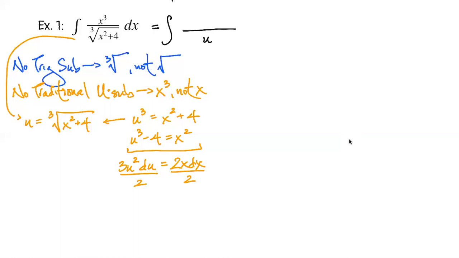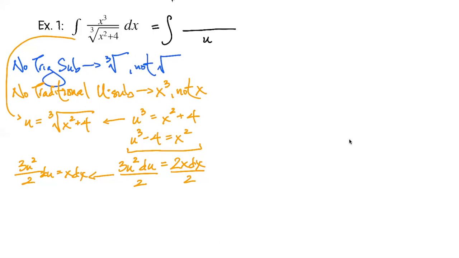So I end up with 3u squared over 2 du going everywhere I see an x dx. So a lot of algebra right up front here. I've established that my u is the whole denominator, and in order to sub everything out, I cubed both sides, I moved that 4, and then I found my du, which is easier because I didn't have any fractional powers. I just needed to use power rule.